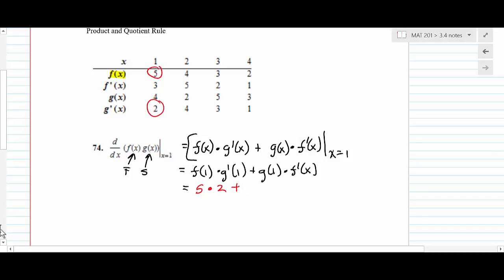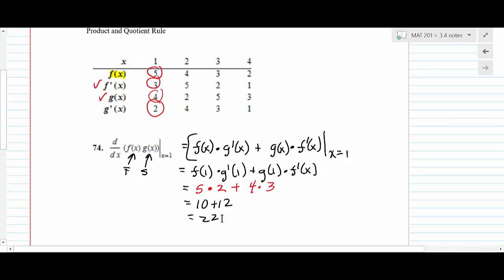Now you've got g of 1, so you look at the row for g, the column of 1, so that's a 4. And then f prime of 1, you have the f prime row, column like that, so you'd have that. Does everybody see that okay? Just looking up the table. That's how you're getting the values. So that would be 10 plus 12, so 22 would be the answer to that problem.